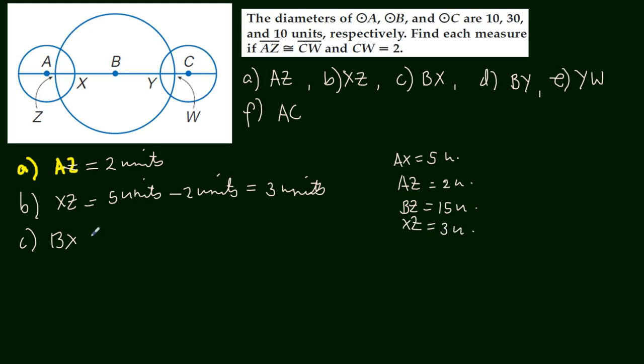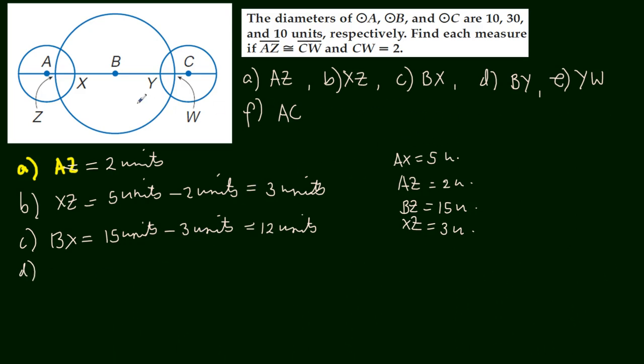That means BX is 15 units minus 3 units, which is equal to 12 units.